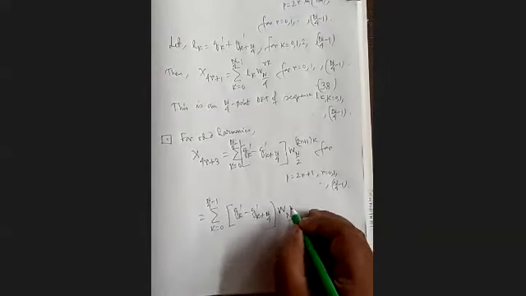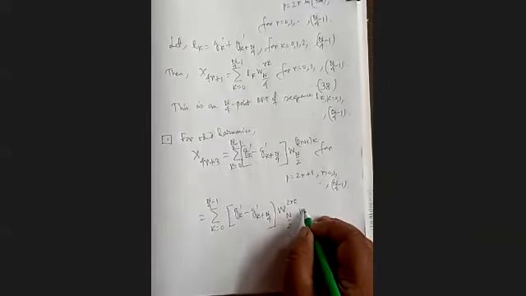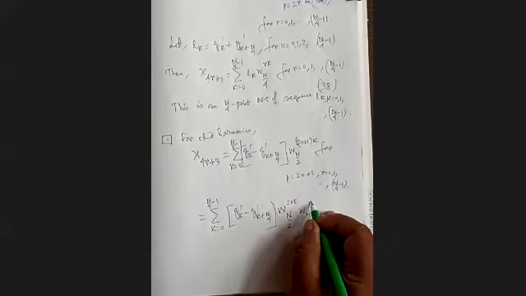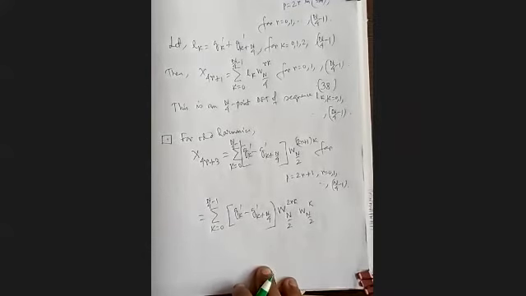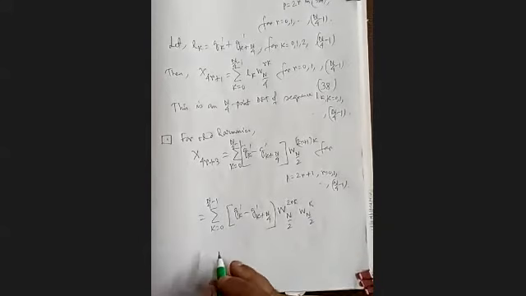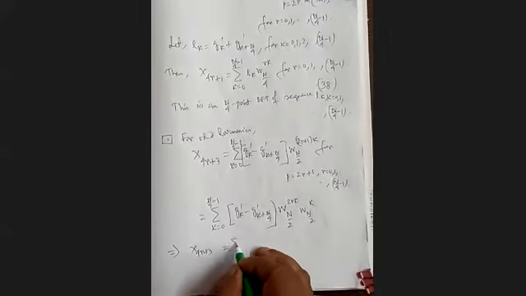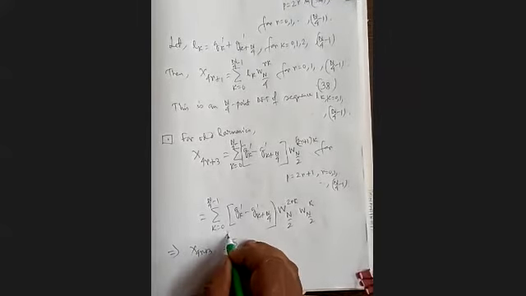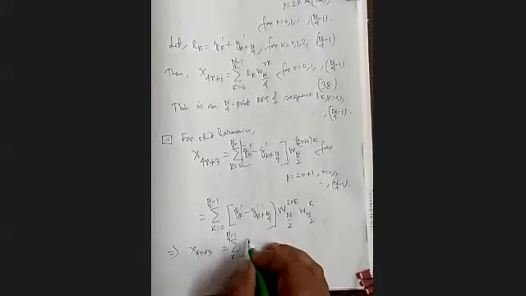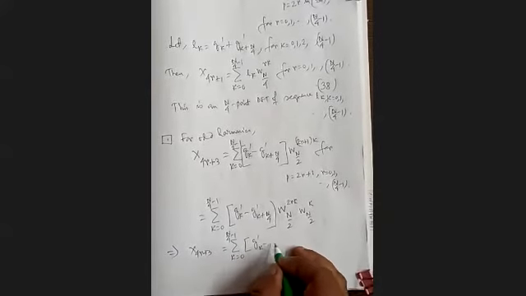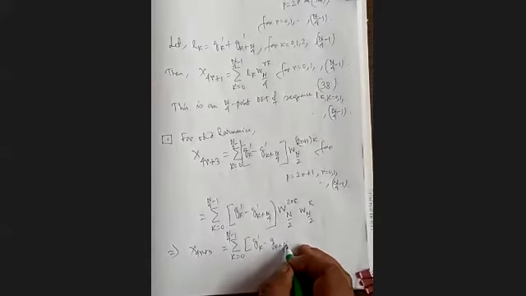So it is now Wn by 2 to the power k. Okay. Or we can write it x 4r plus 3 equal to, just the manipulation is as usual.